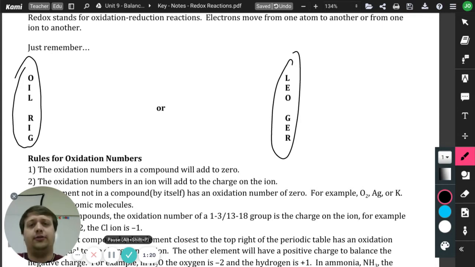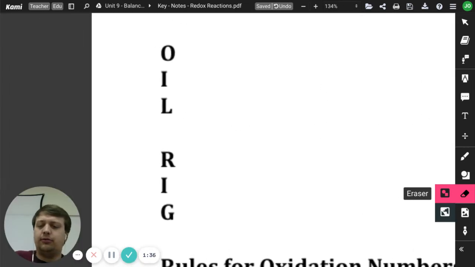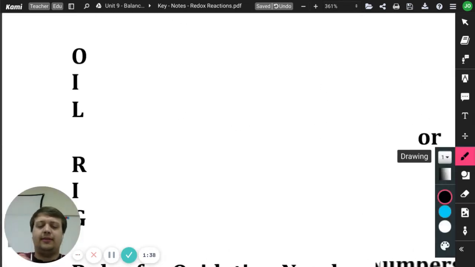What it comes down to is when we talk about oxidation, we talk about electrons being lost. And when we talk about reduction, we talk about them being gained. Okay? So I'm actually going to look at these a little bit closer so that we can actually write this out.